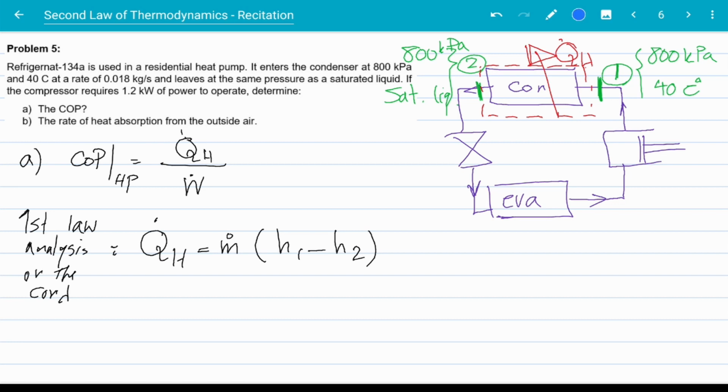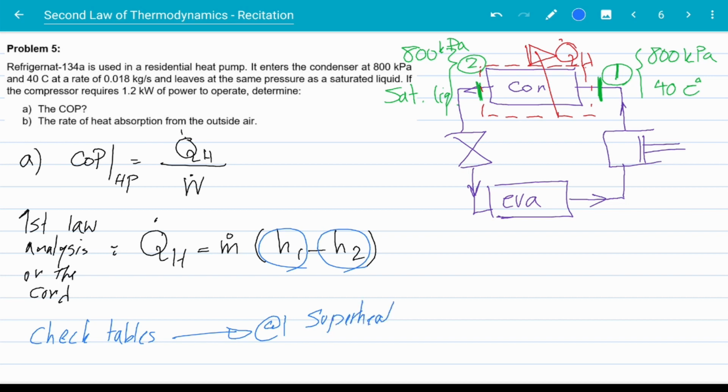So in order to find H1 and H2, we need to check the tables. Let's check the tables at state 1. We get that at state 1, we are dealing with a superheated vapor, because 40 degrees Celsius is greater than the saturation temperature of R134A at 800 kilopascals.